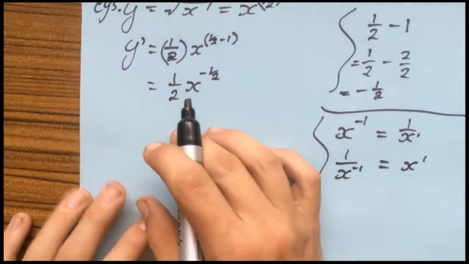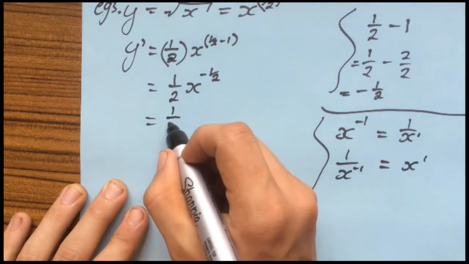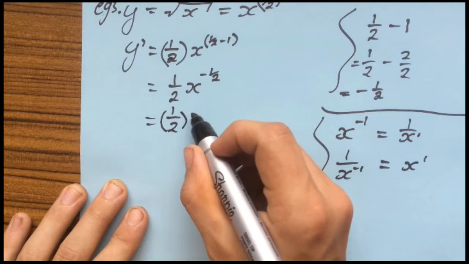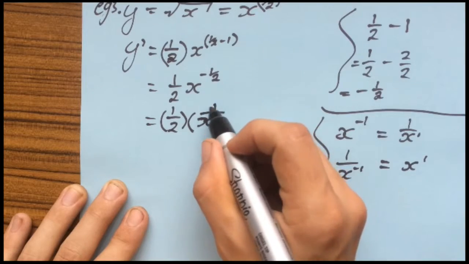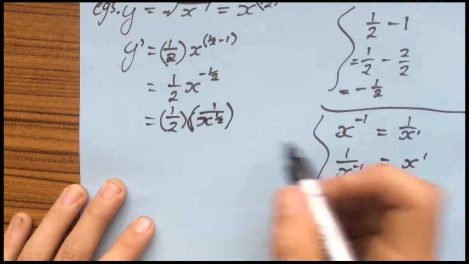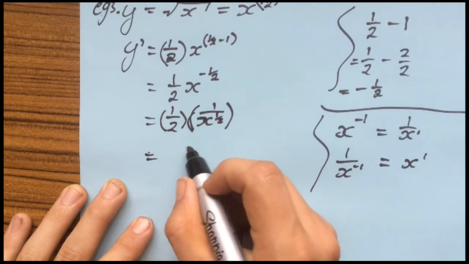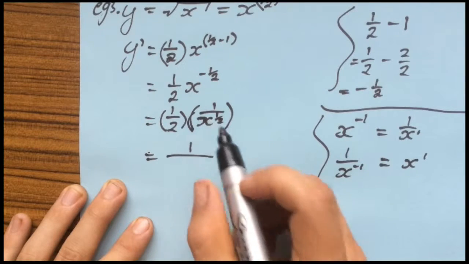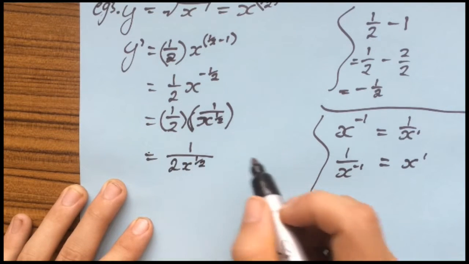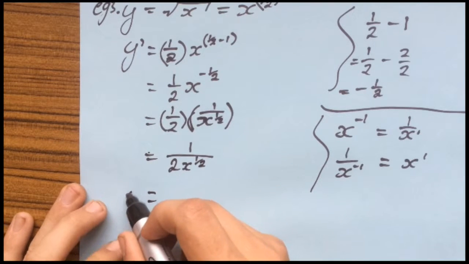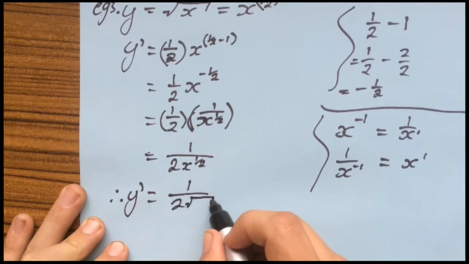So if we implement that over here, that's 1 over 2 multiplied by x half over 1. If we follow that through again, if we multiply that together and simplify it further, that's 1 over 2x to the power of a half. Simplify it even further, 1 over 2 square root of x.